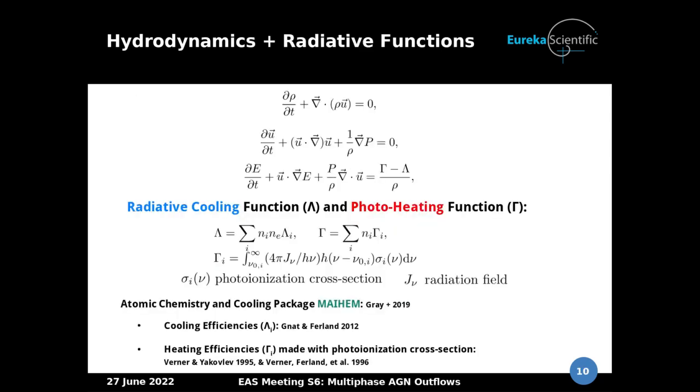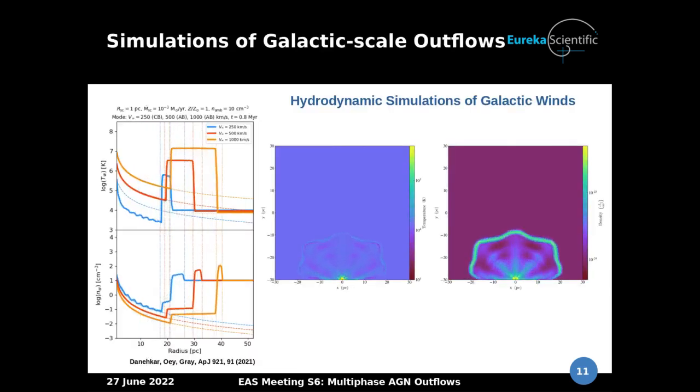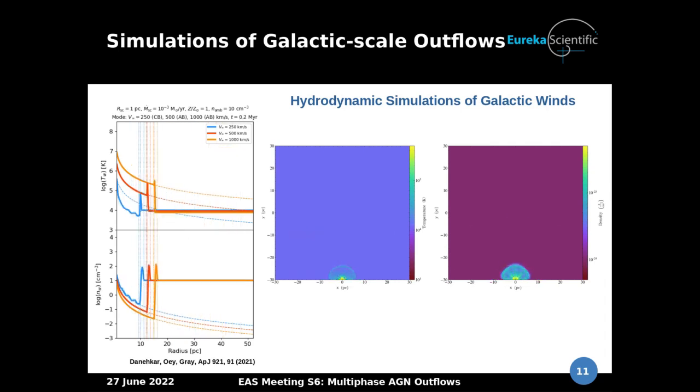And here you see the fluid equations which are used for my hydrodynamic simulations, which are coupled to a radiative cooling function calculated using cooling efficiency, and a photoheating function calculated using photoionization cross sections. And here you see an example of our hydrodynamic simulations.